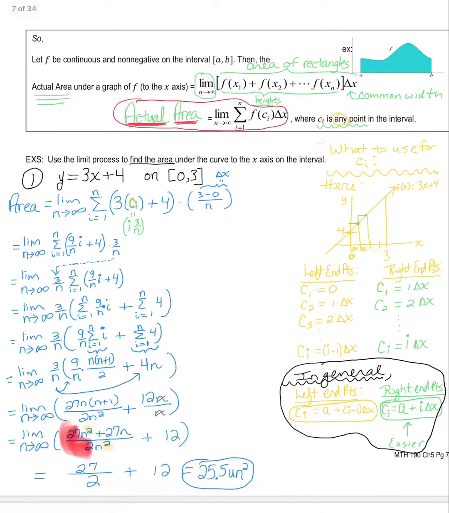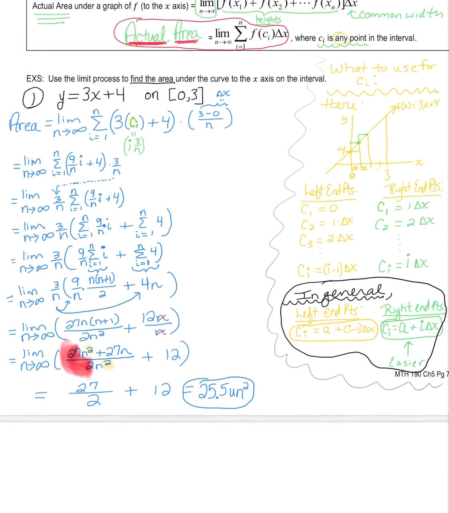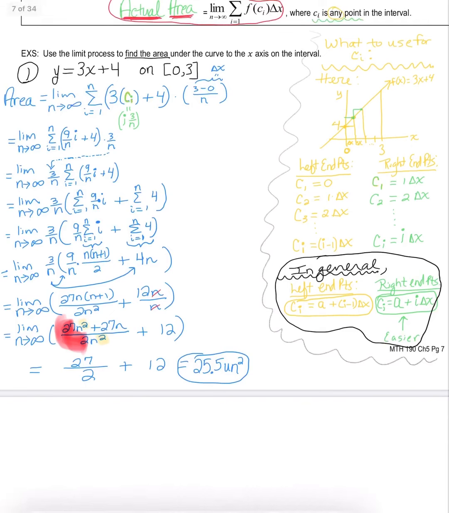One of the things in this example, as a sort of sidebar, is that this was one that we actually could have confirmed with geometry. If we think back to the graph that we had, it was the line y equals 3x plus 4.